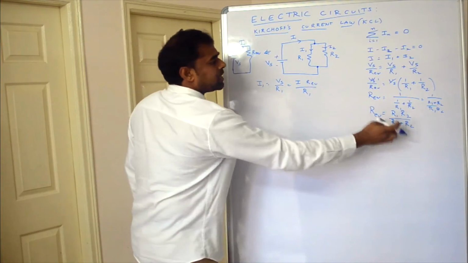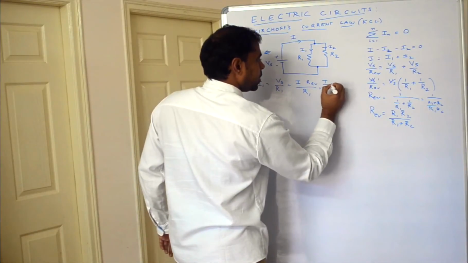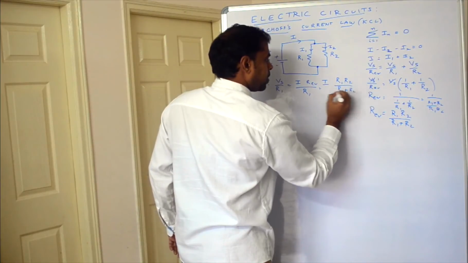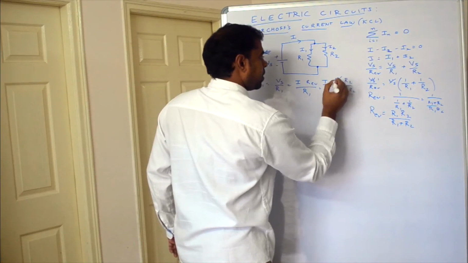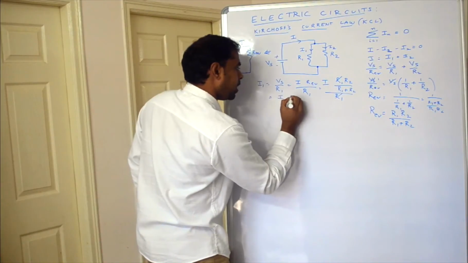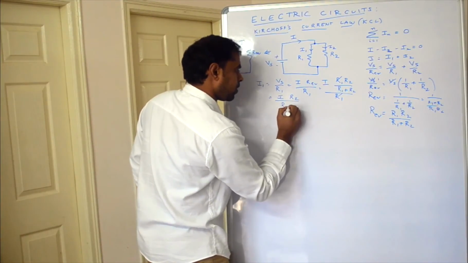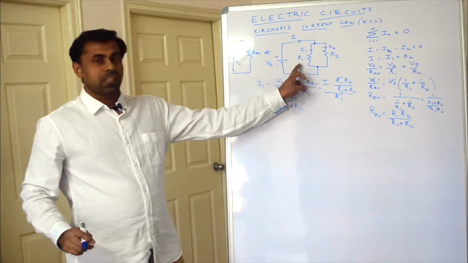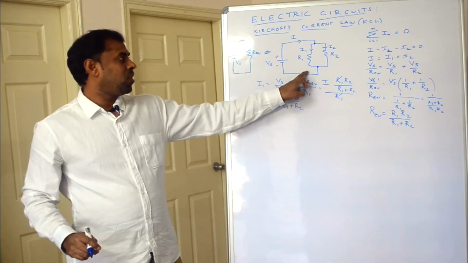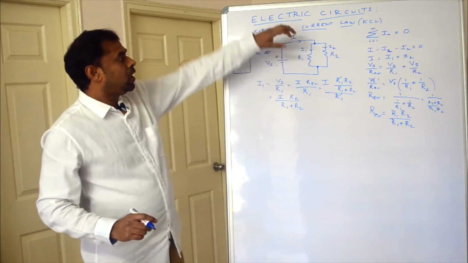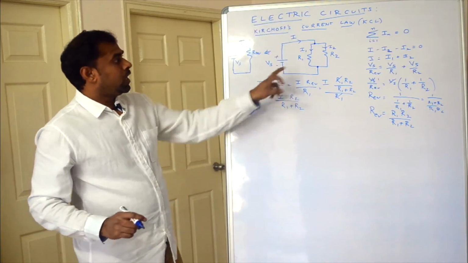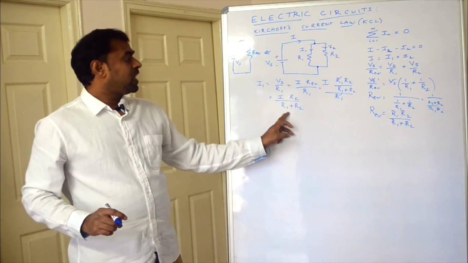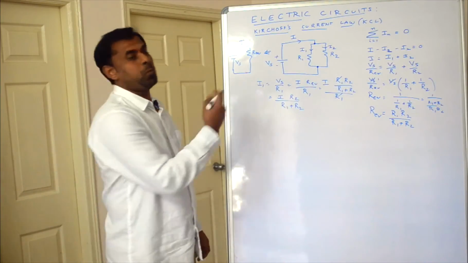If I substitute R equivalent as this formula, the current in branch 1, that is in resistor R1, is I1, which is nothing but total current into resistance in the other branch by the sum of the resistances in the two branches.